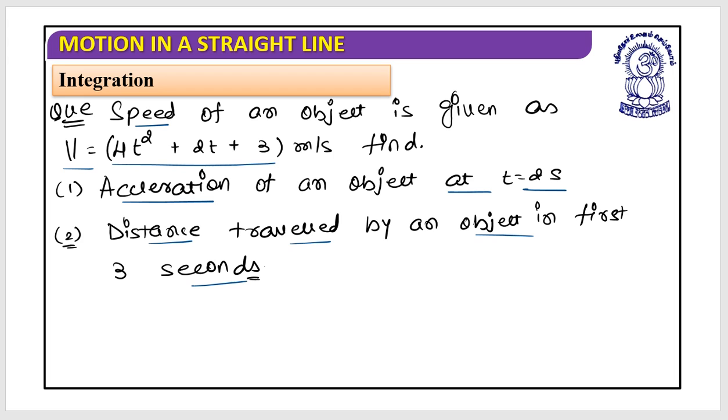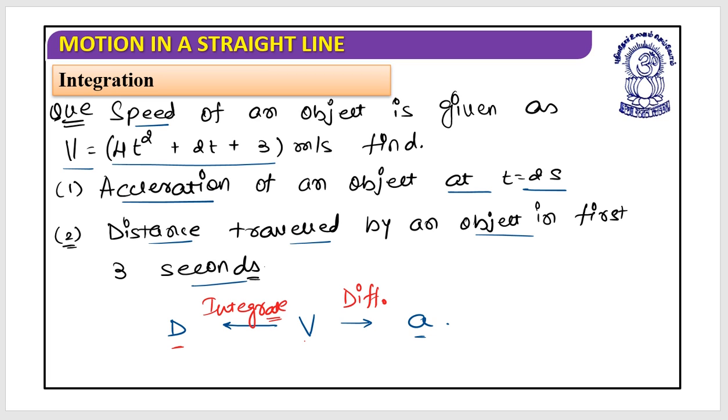So this is speed, this is acceleration, and this is distance. To find the acceleration, I move forward with differentiation, and to move backward from speed to distance I need to integrate.